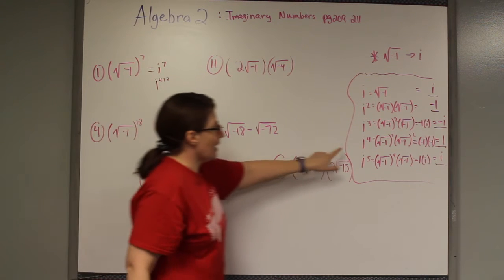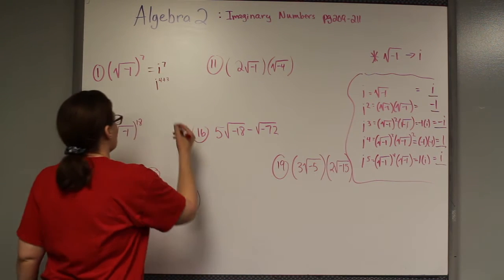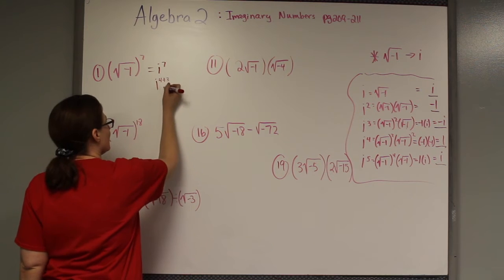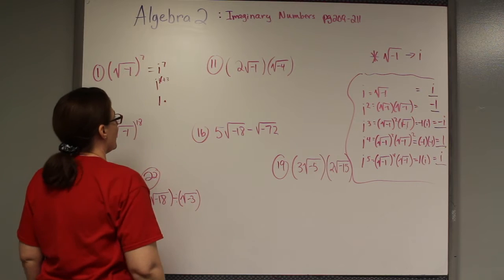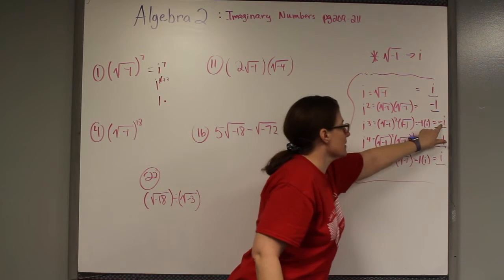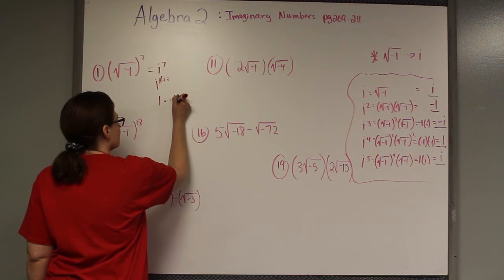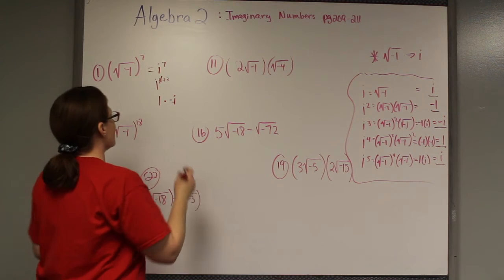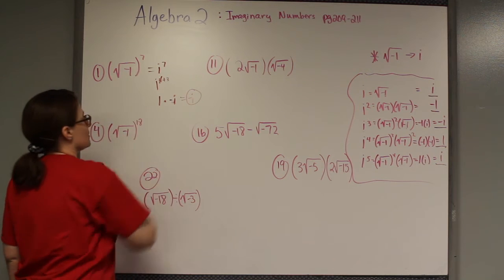If I look at I to the 4th, the answer to that is a 1. If I take the 4 out, that's a 1 times whatever I have for I cubed. I cubed is -I. So 1 times -I is -I, and that is the answer to I to the 7th.